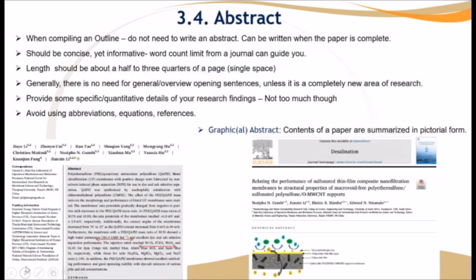So an abstract needs to be concise, yet informative. Some journals will give you a word count limit, so you can go by that word count limit in guiding you in terms of how much you can add and how much you can remove in your abstract. Ideally, the length of the abstract needs to be about half to three-quarters of a page.